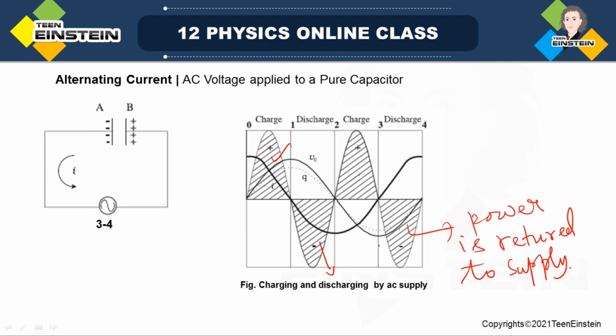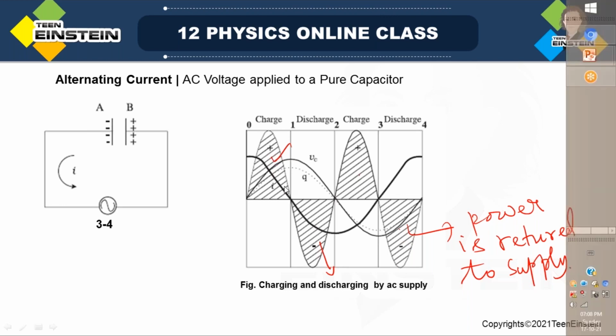Okay, this is how, just like your inductor, in case of an inductor also, the power was absorbed and released in the next quarter cycle. So this is how you can analyze why an inductor or capacitor does not consume power or lose power in the form of joule heating.